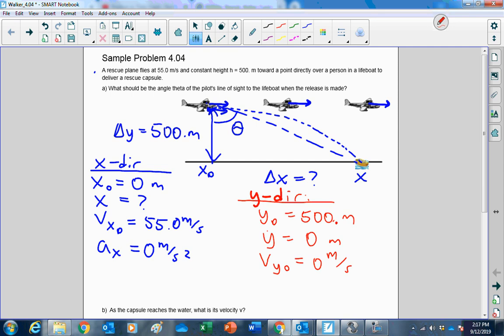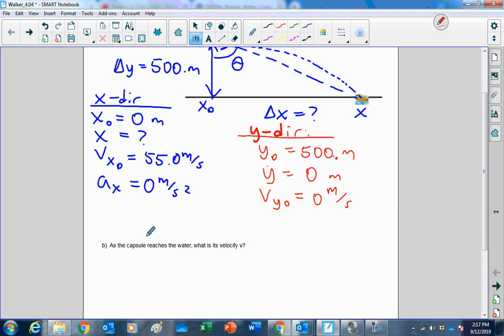It's not moving up or down to begin with. Now it's going to gain speed, I should say, in the y direction, but that's later on.